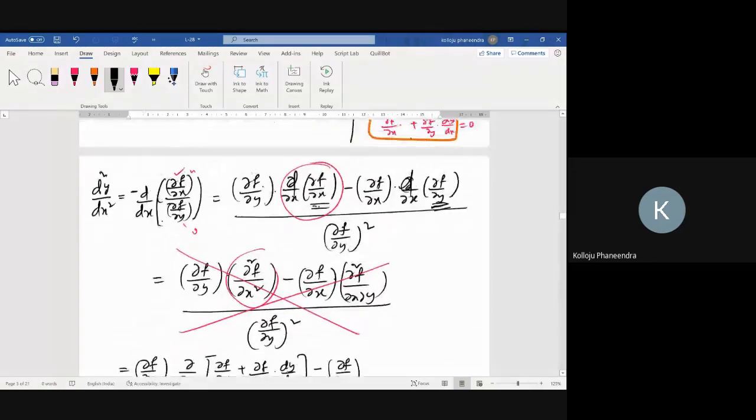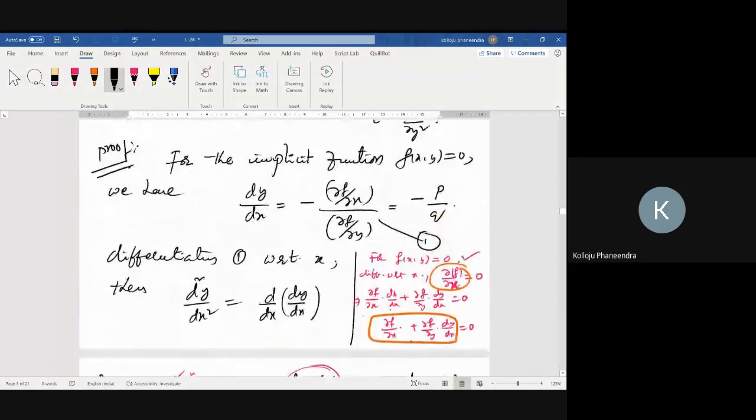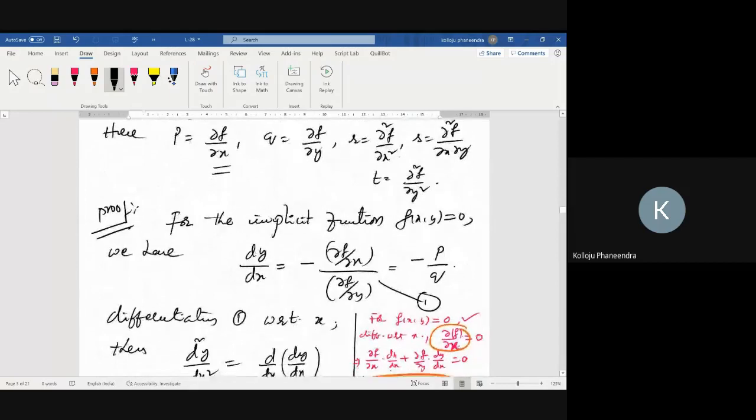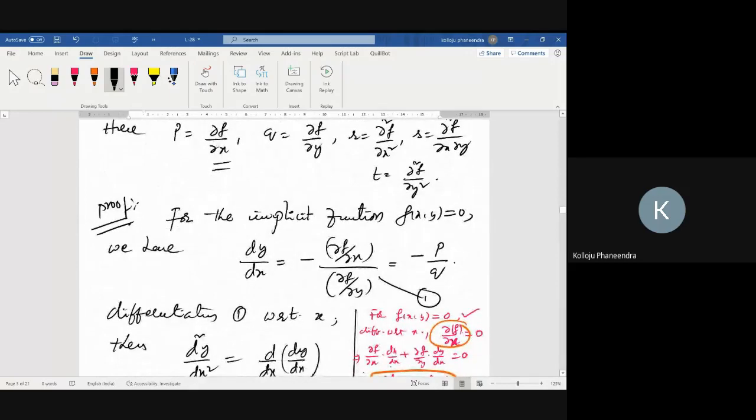Coming to dou f by dou y. Double derivative. First derivative is the slope, right?